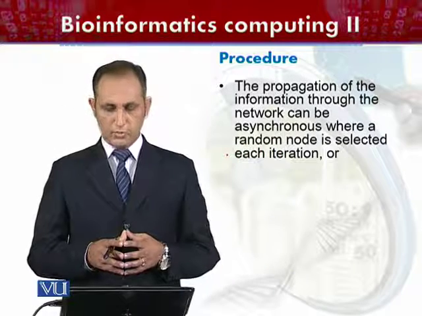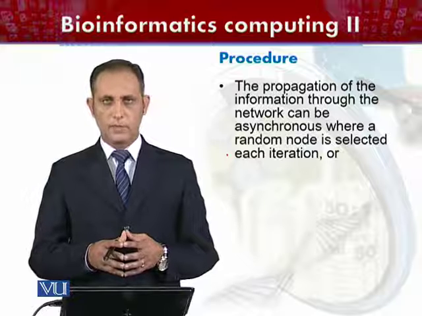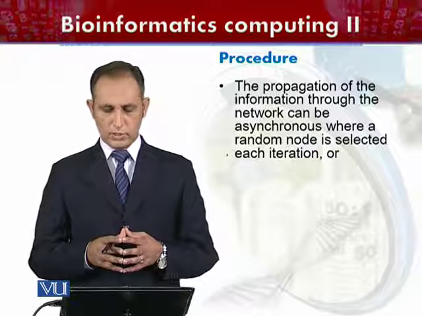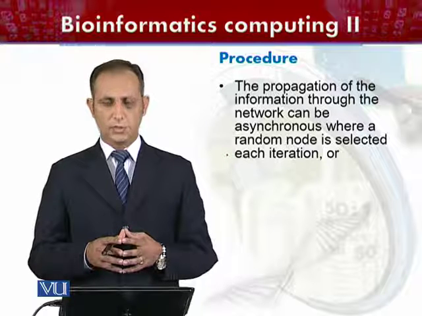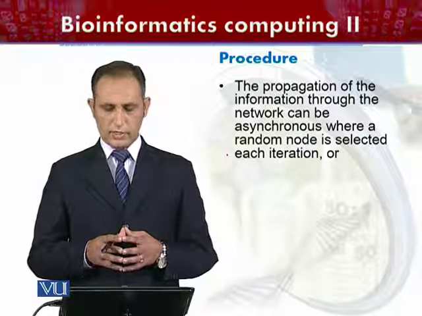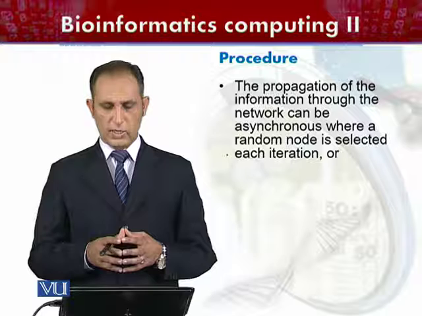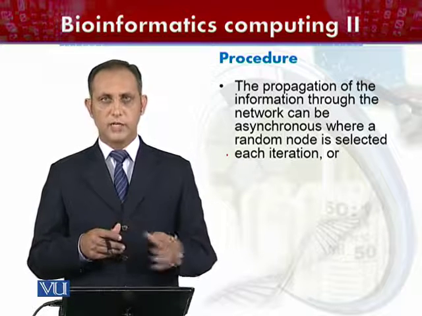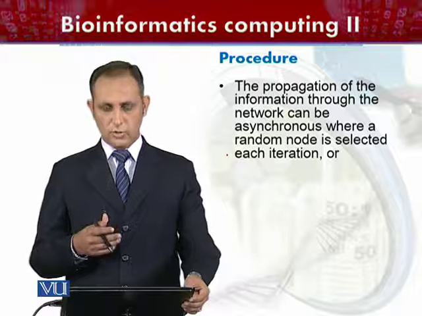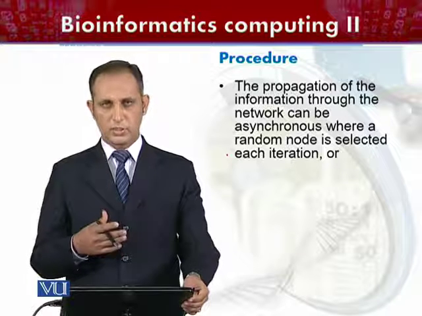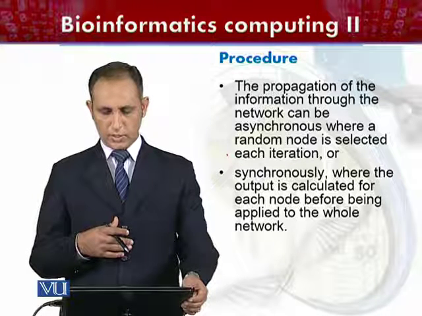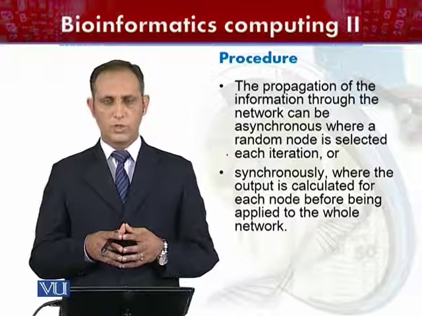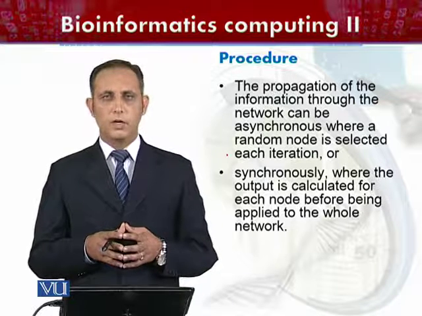The propagation of information through the network can be either asynchronous or synchronous. In the asynchronous case, a random node is selected in each iteration. In the synchronous case, the output is calculated for each node before being applied to the whole network.